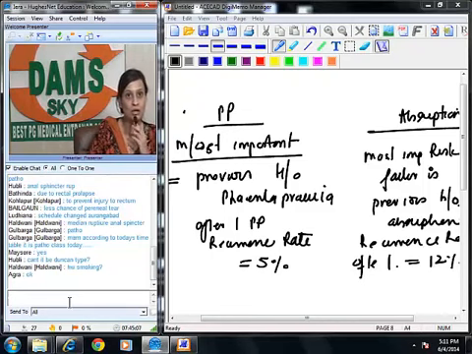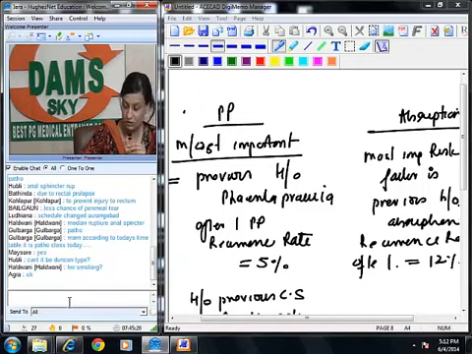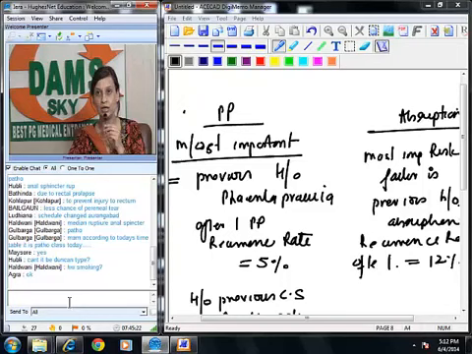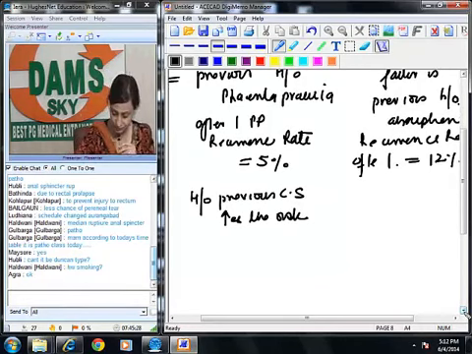Then again, if we talk about placenta previa, history of previous cesarean section increases the risk.